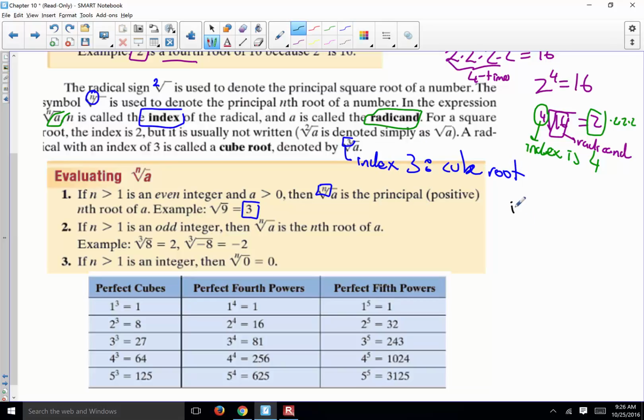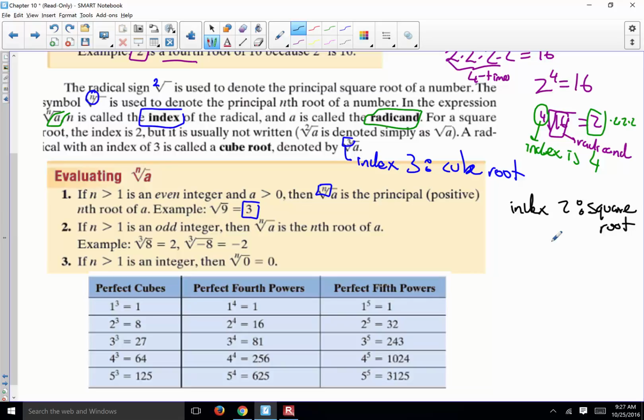What was index 2 called? Come on. Square root. Yeah. Only index 2 and index 3 have special titles. We don't have anything for the 4th index or 5th index, okay?